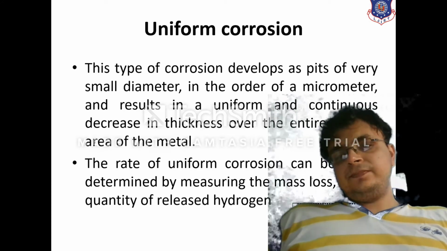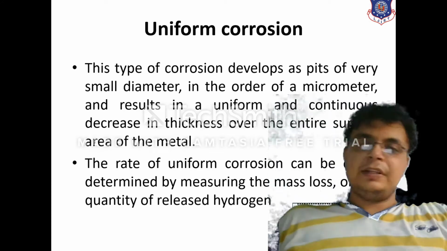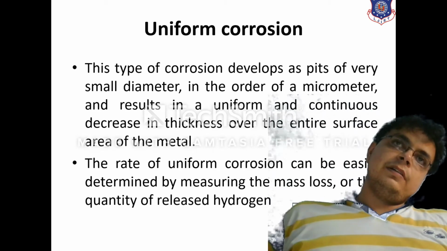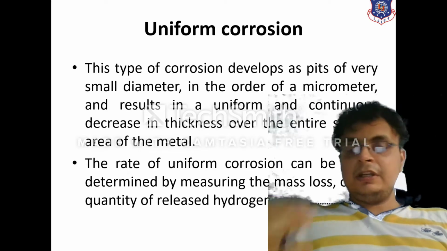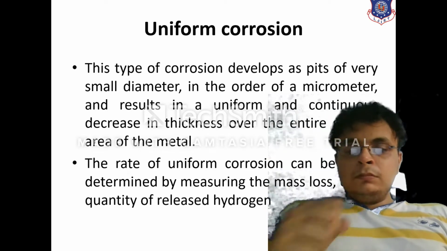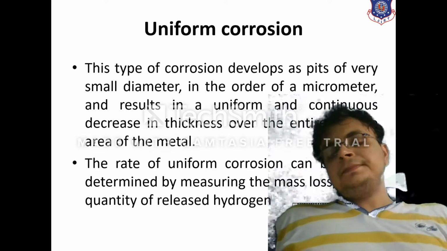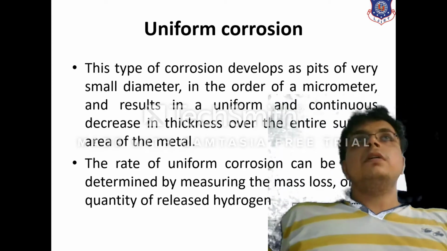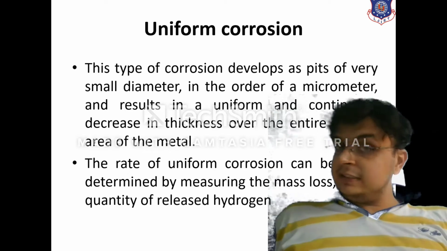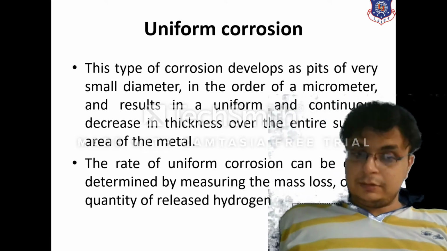For example, if the depth of the corrosion is 3, then it will be uniform over the whole length. When such corrosion takes place, we can say that uniform corrosion has occurred.